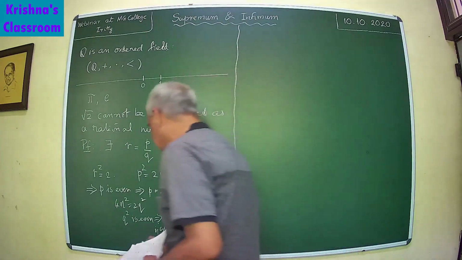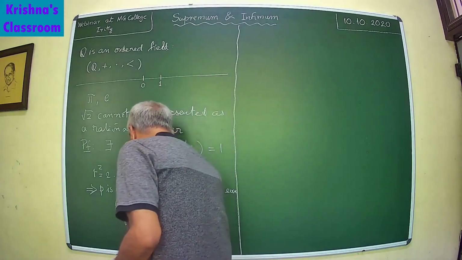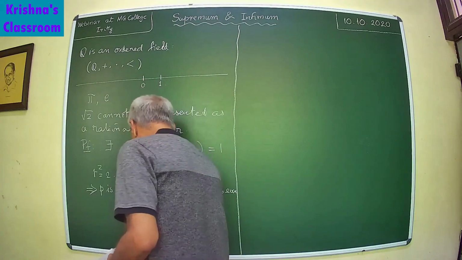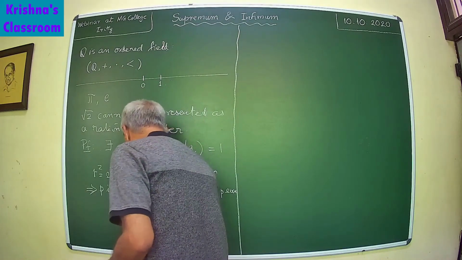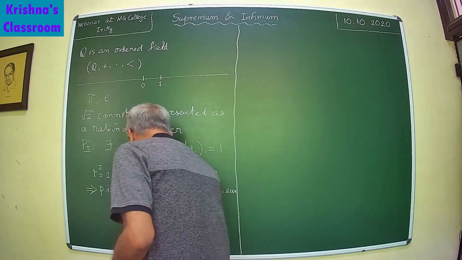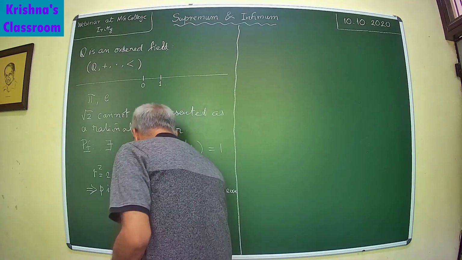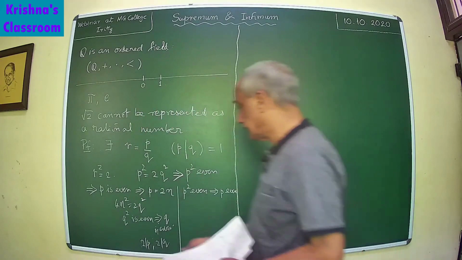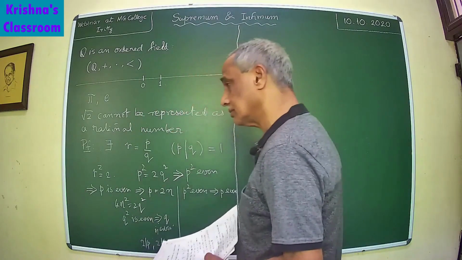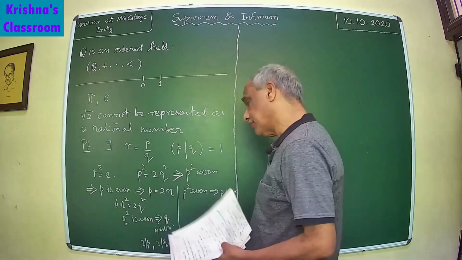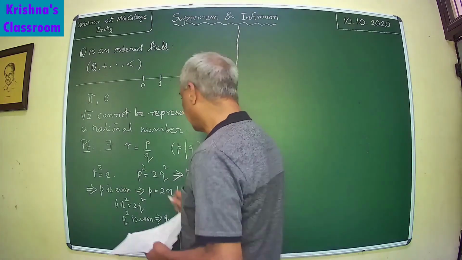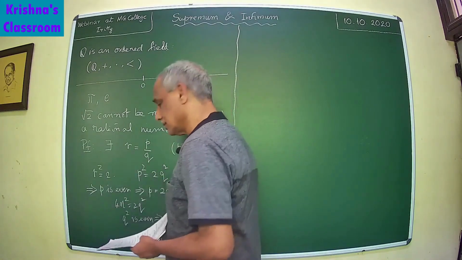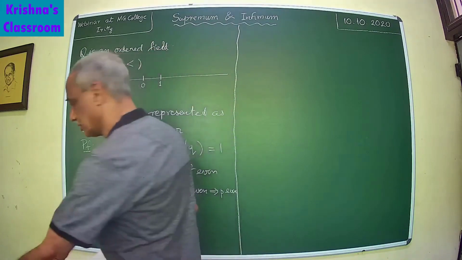So this means 2 divides P, 2 divides Q, whereas we have said that the common divisor is 1. So 2 is a common divisor. Therefore, you see that it contradicts our initial assumption. So it leads to a contradiction.